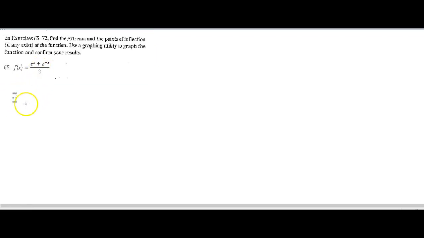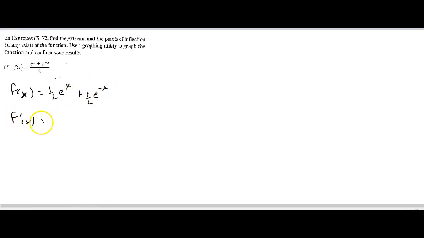So this is not really a division problem. What I'm going to do is note that this is the same thing as, because I only have a 2 on the bottom, I can just write this as 1/2 e to the x plus 1/2 e to the negative x.